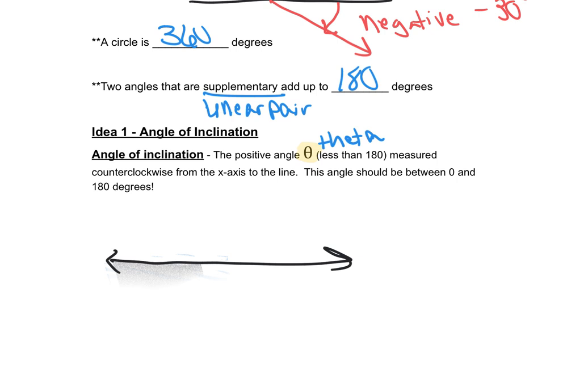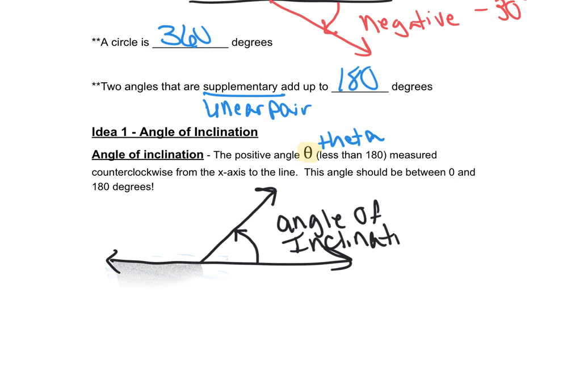And our angle of inclination is going to be positive, right? So here, this is going to be my angle of inclination. Okay, and it always has to be positive, right? So this is positive, let's say again, it looks like it's probably about 80 degrees or so.